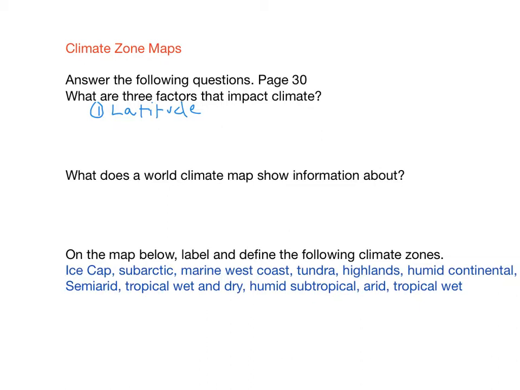The second thing that impacts climate is going to be elevation. The height you are off the ground is going to make it either colder or warmer. Think about a mountaintop and how on the top of a mountain it is always snow-peaked or capped with snow. That is because it's colder the further you move up in elevation.